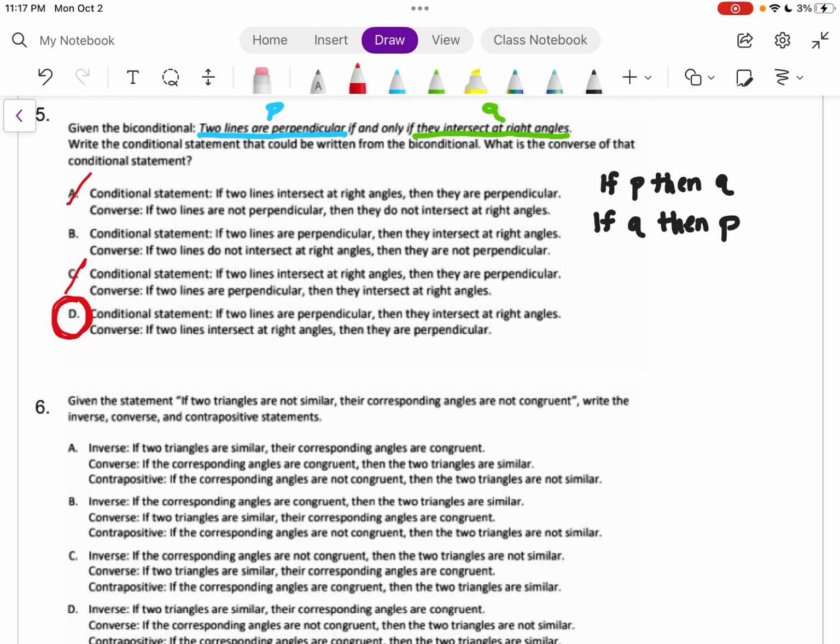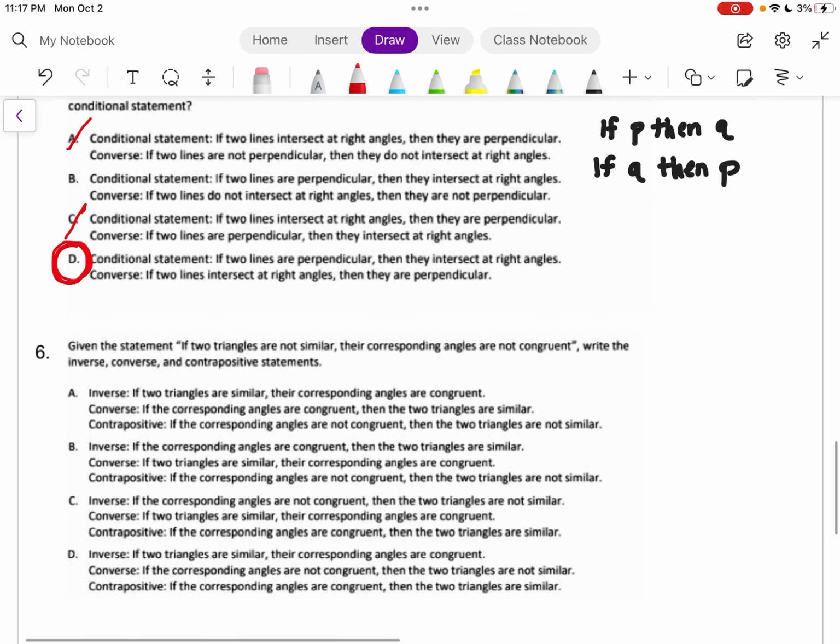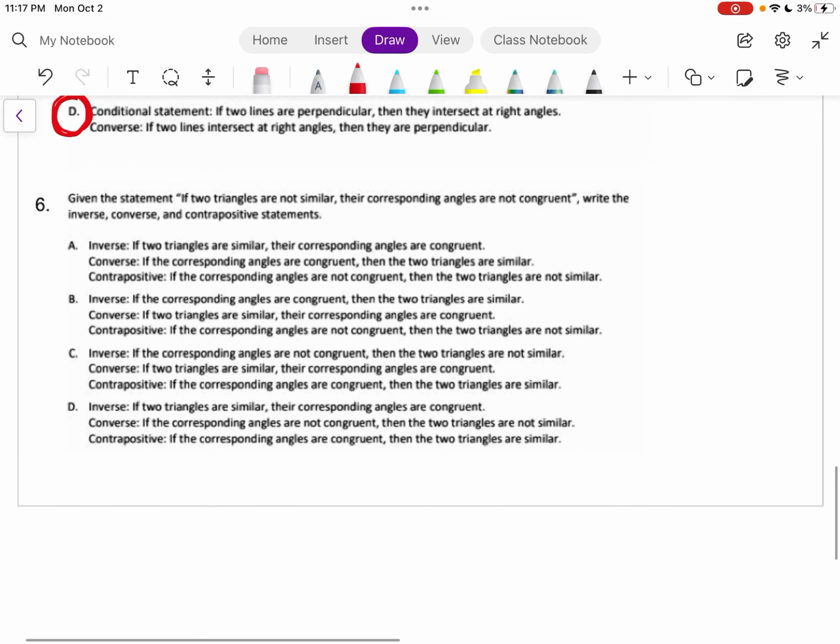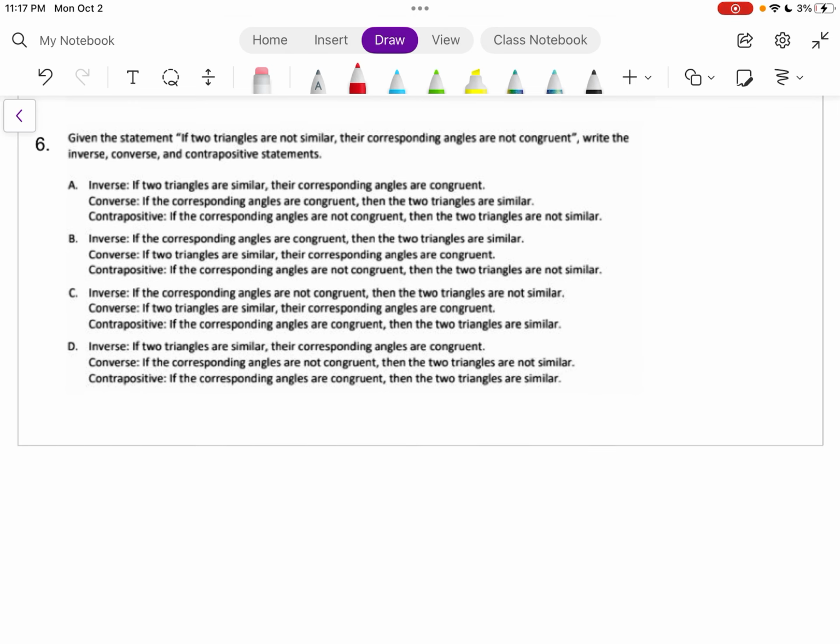Now that we know this, let's do number 6. For number 6, we want to know the converse, inverse, and contrapositive of this statement.